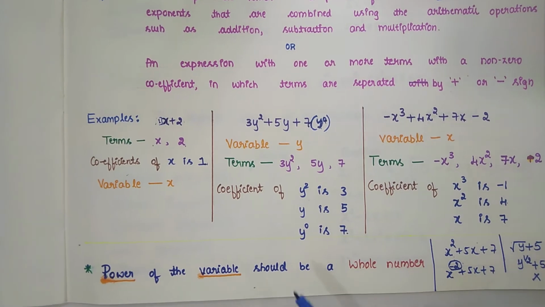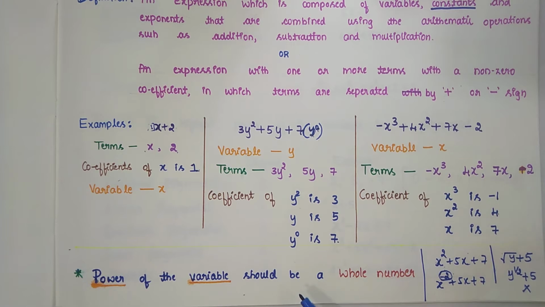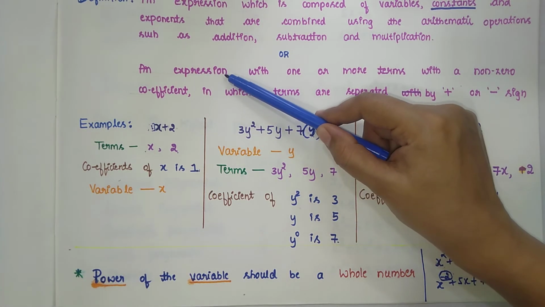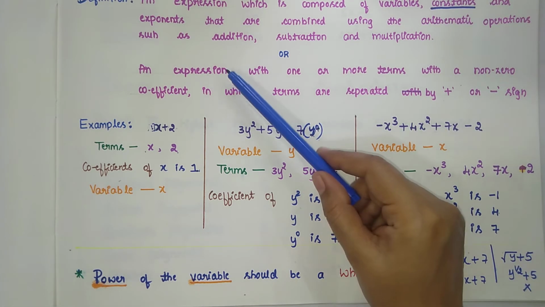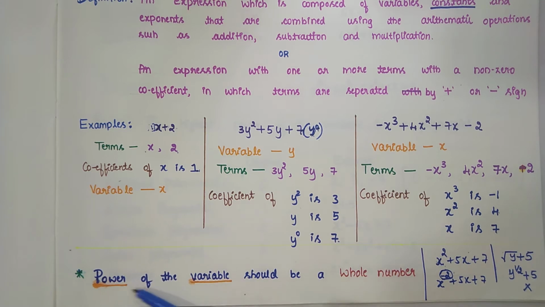And there is one important condition that a polynomial should satisfy, because we know that a polynomial is defined as an expression. So we can consider that expression as a polynomial only if it satisfies this condition, and that condition is that the power of the variable should be a whole number.